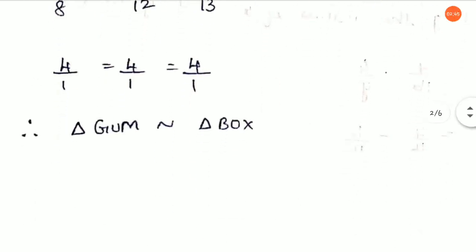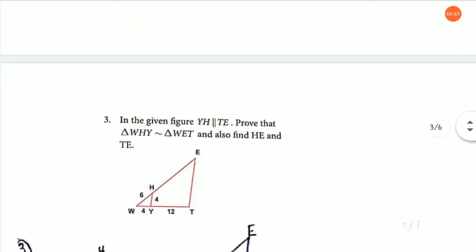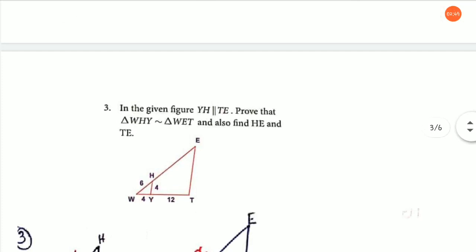Clear? Now look at the next question. In the figure, YH is parallel to TE. Prove that triangle WHY is similar to triangle WET, and also find HE and TE.